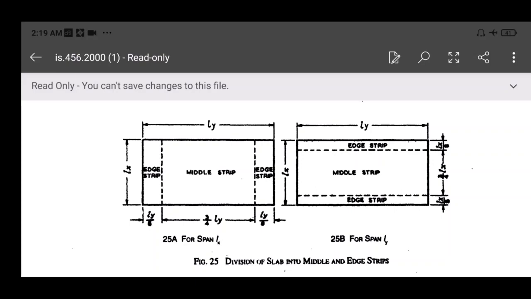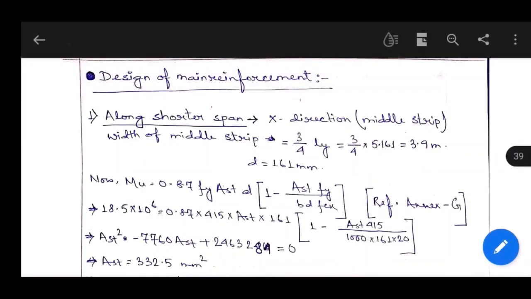So now let's go to the solution. Look, here in the calculation of design of main reinforcement, as per the IS code provision which we have just read, the calculation has been done.